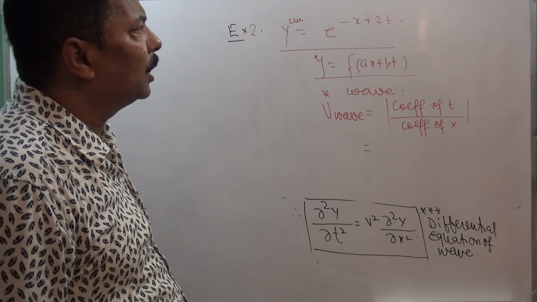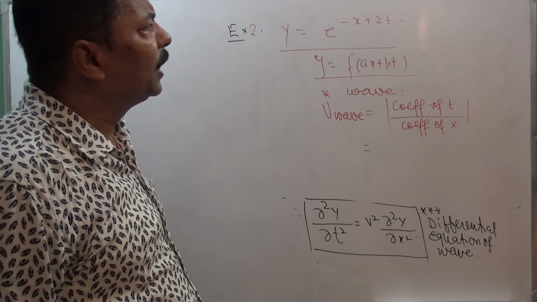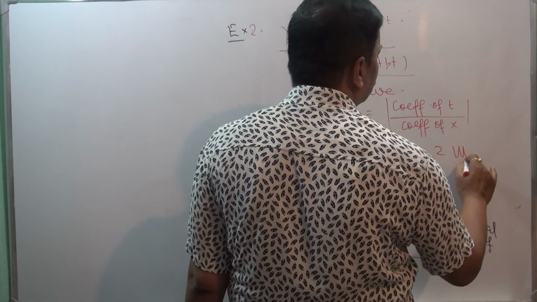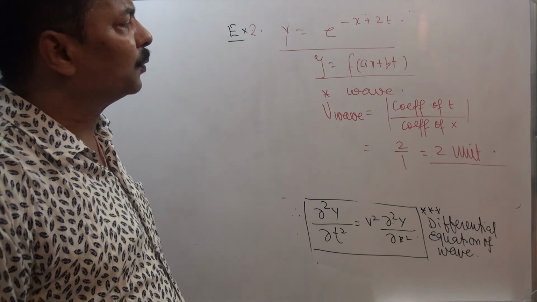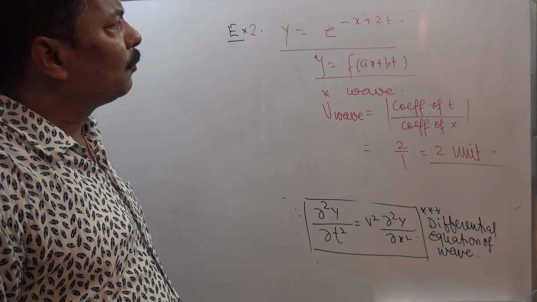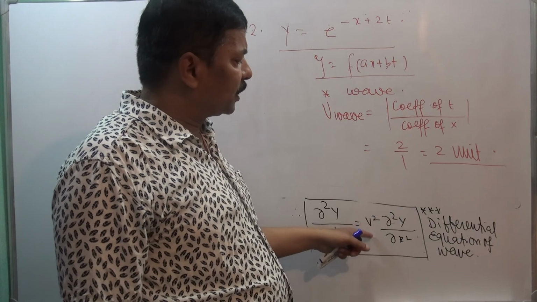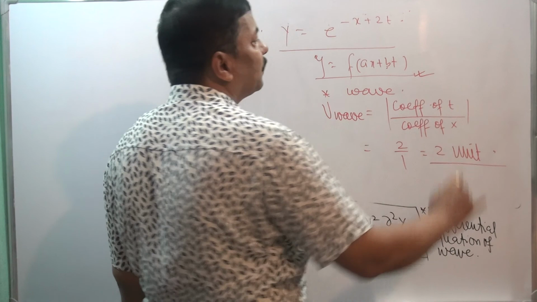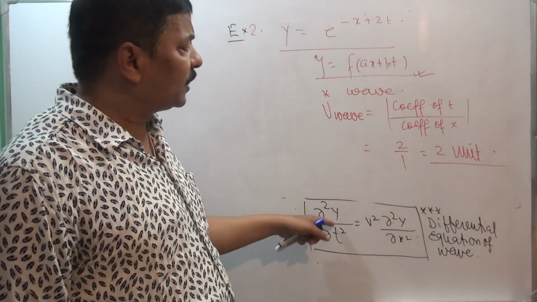So the coefficient of t is 2 by 1, that means 2 units of velocity, whatever unit we shall be using. This will represent the velocity. Now I want to prove by the differential relation whether it is a wave or not. Here by this relation we have discussed that it is representing wave, and here by this relation I want to show it.